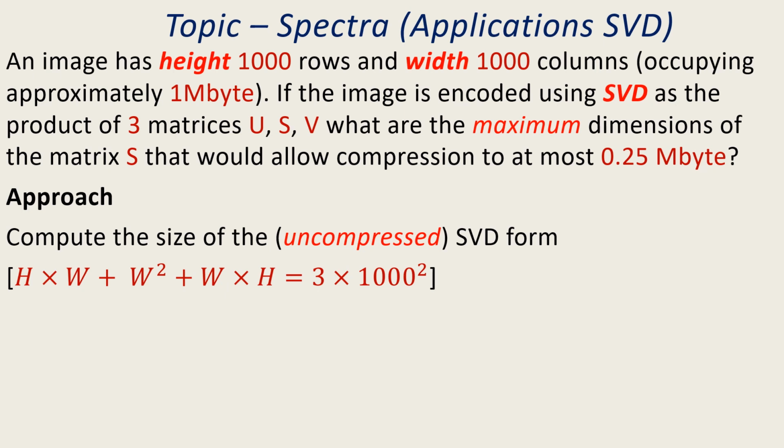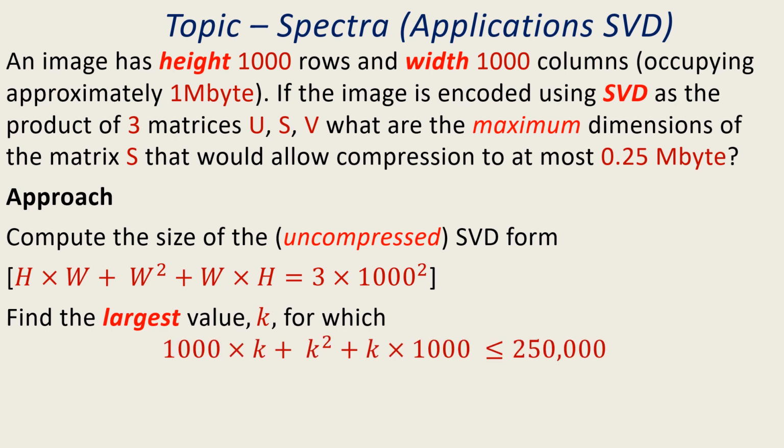We want to reduce the size of the middle matrix. And in order to do that and fit within the size constraints we're trying to achieve, we need to find the largest value of k, which has the property that the first matrix, which is size 1,000 by k, plus the middle matrix, which is size k squared, plus the third matrix, which is size k times 1,000, in total is less than 250,000.